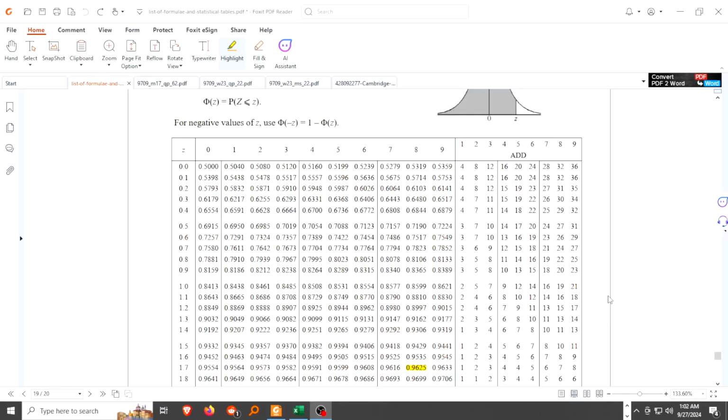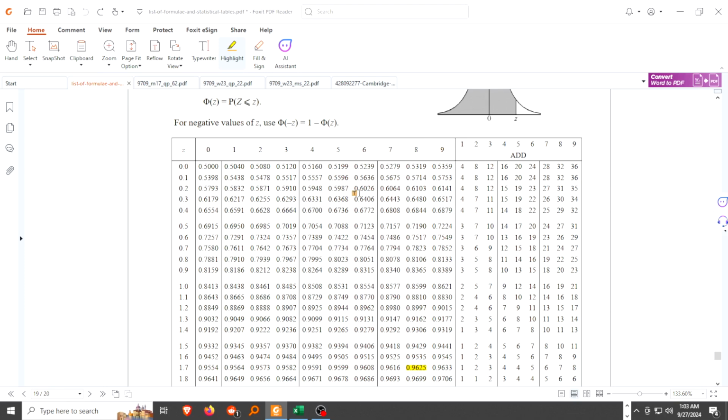Now for Roman 1, we find that 225 divided by 6,000 is 0.0375. And for us to determine that probability from our standard normal table, we subtract it from 1, and that should give us 0.9625. So 1 minus 0.0375 is 0.9625.